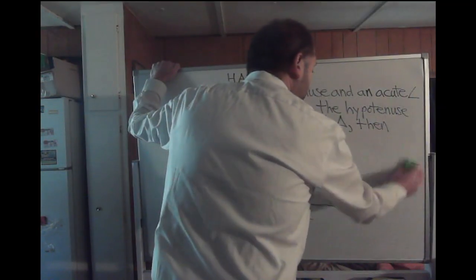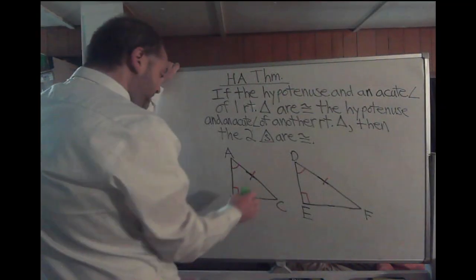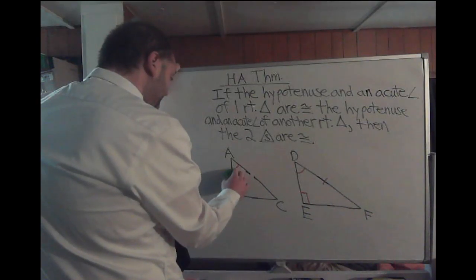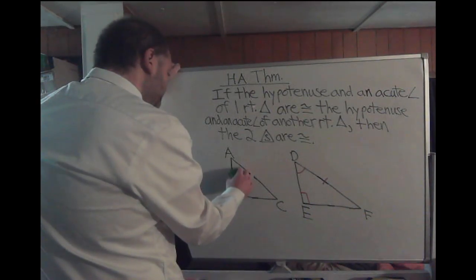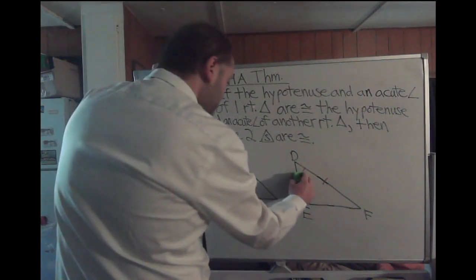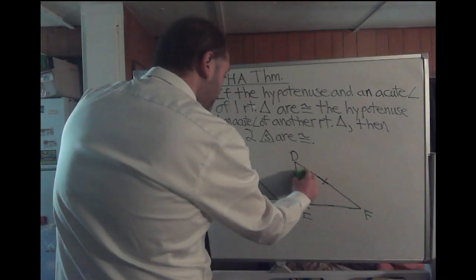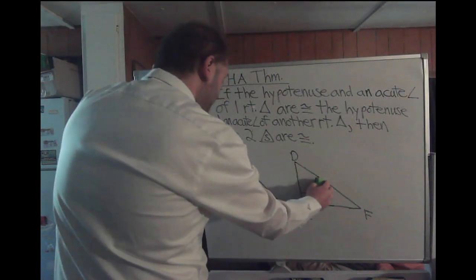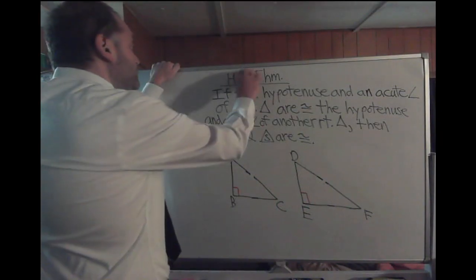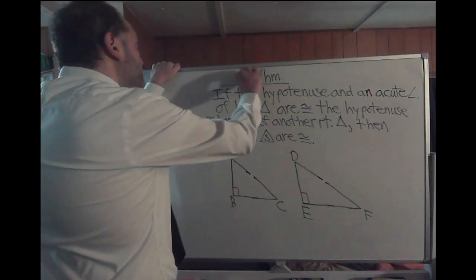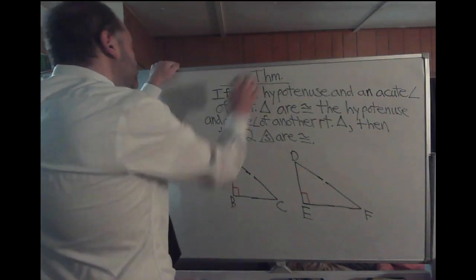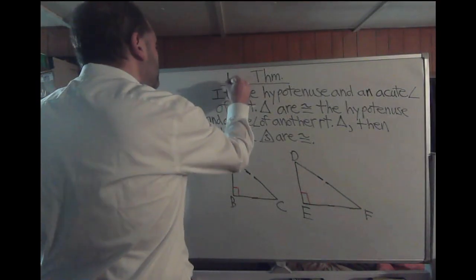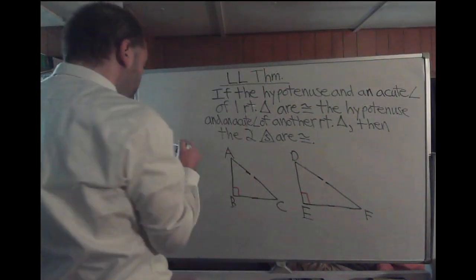And now I'm going to keep these two triangles still because we're about to do two more theorems that are really going to help us. All right, next one will be the LL theorem, the leg-leg theorem.